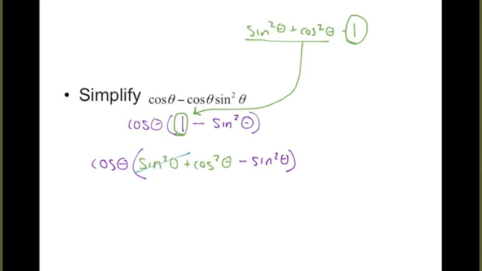Because it cancels out the sine squared that's there. Sine squared minus sine squared is 0, so those cancel each other out, and they are now gone, so I'm left with cosine of theta times cosine squared of theta, which I can multiply together and get cosine cubed of theta.